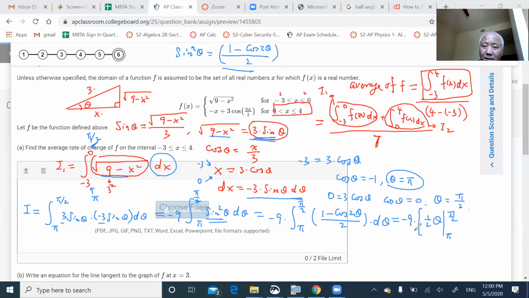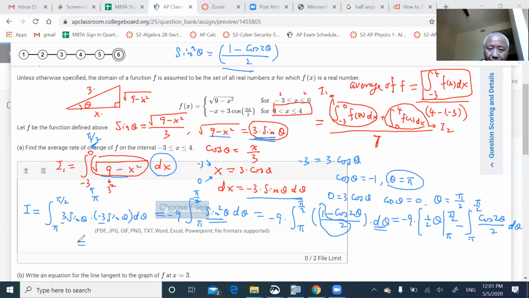This is -9, and the integration of 1/2 is half theta, with the boundary from pi to pi over 2. And you have minus the integration of the other one, cosine 2 theta over 2 d theta, also bounded from pi to pi over 2.